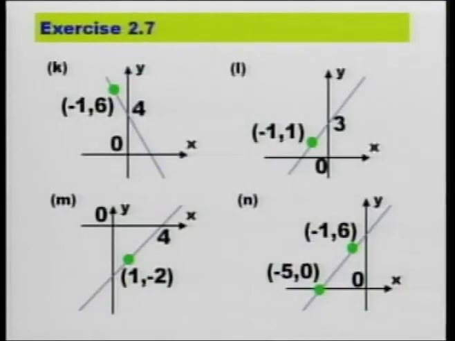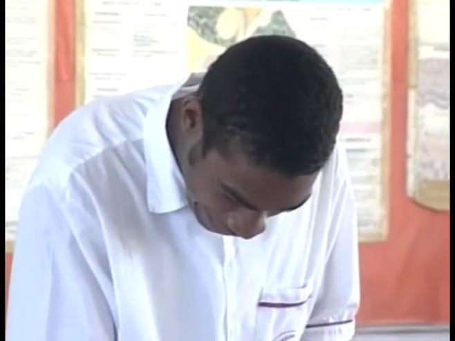Boromir, letter M. Y equals 2 on 3x minus 8.